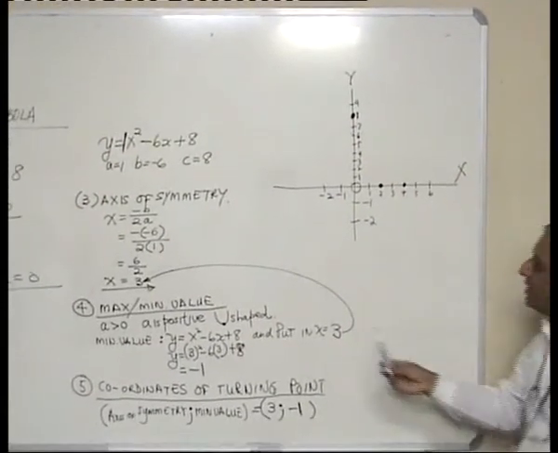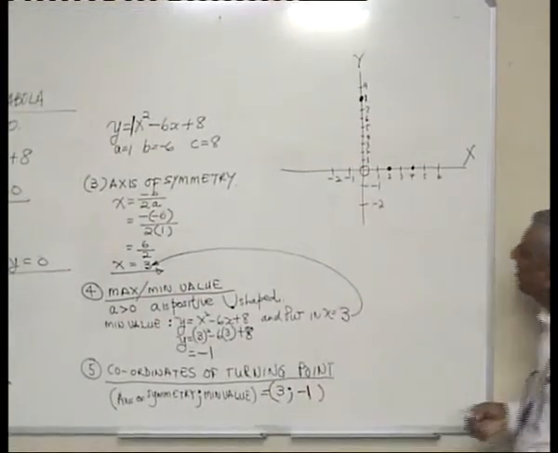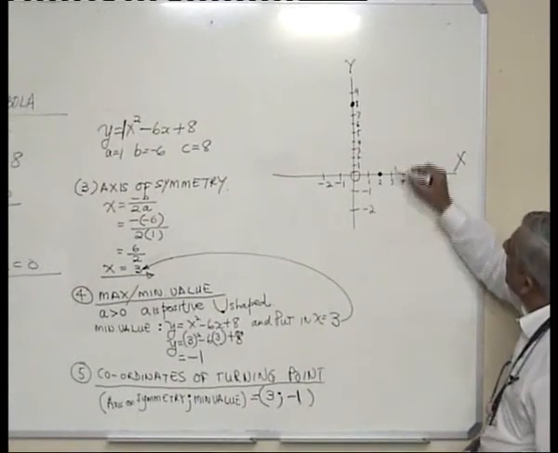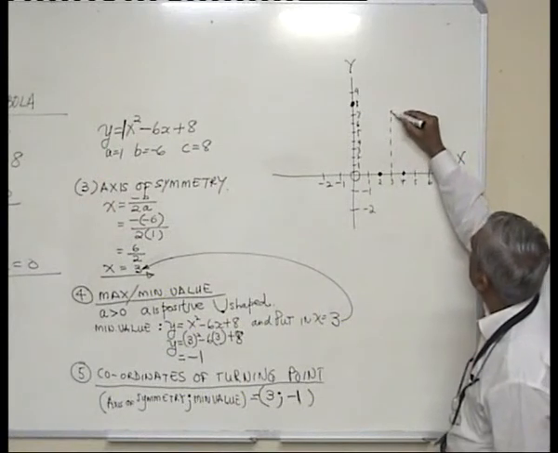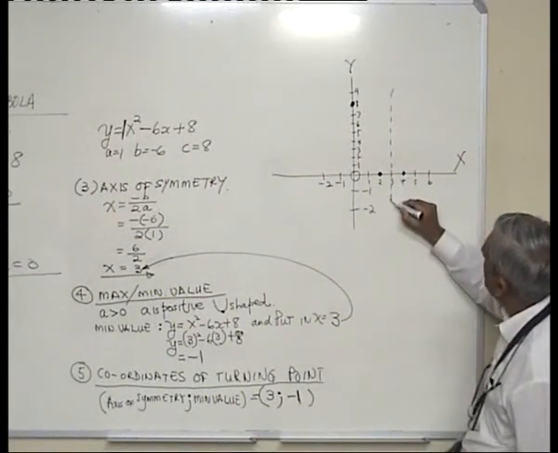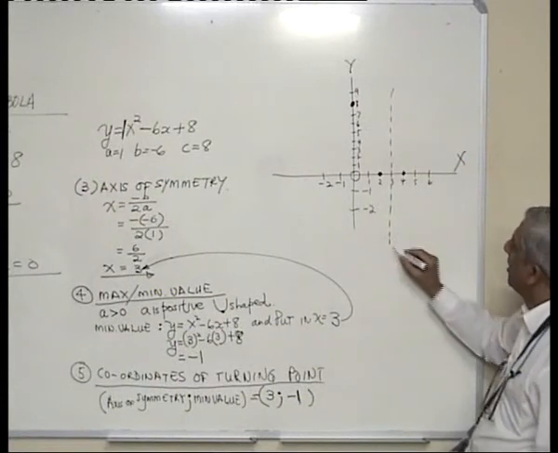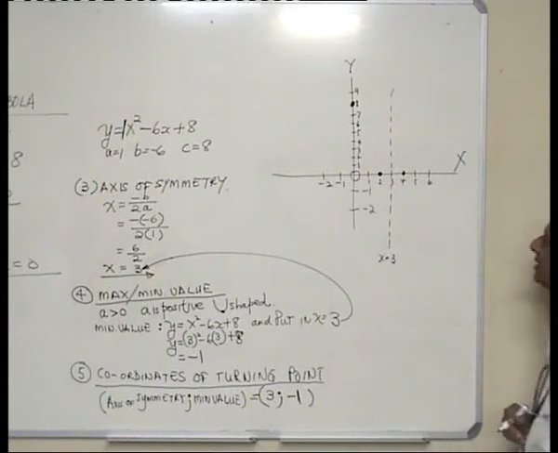Now from your straight line graphs, you know that x is equal to 3 is a special graph. So the axis of symmetry will be a line going through 3 like that. And generally for a parabola, we always keep it a broken line like that. X is equal to 3. So we've done that. The third step is finished.